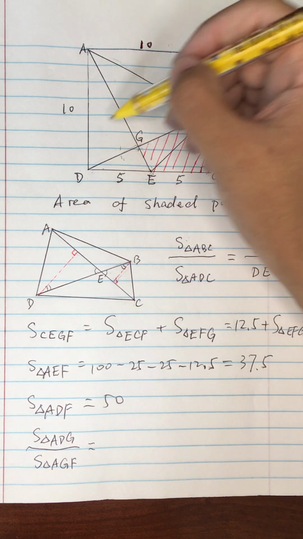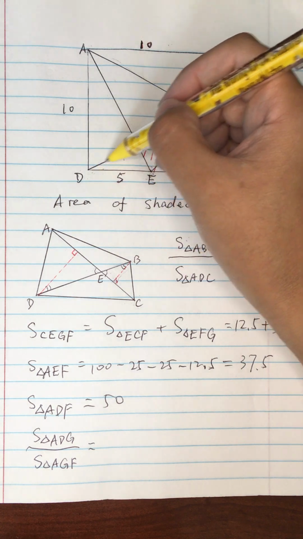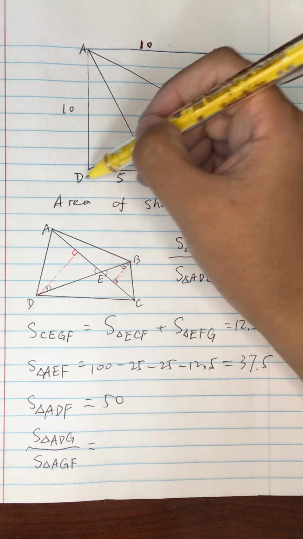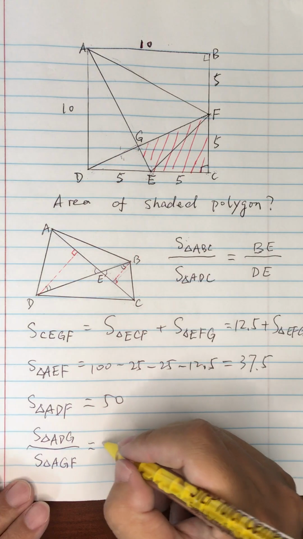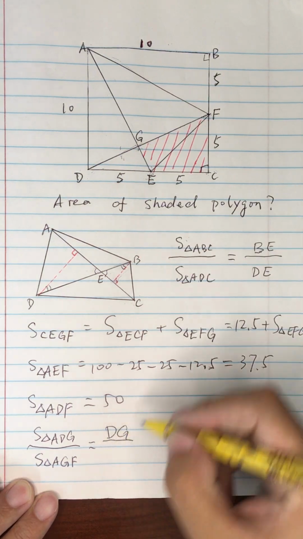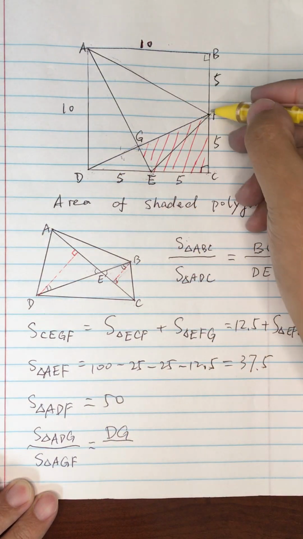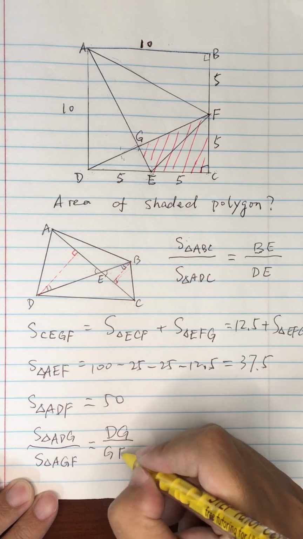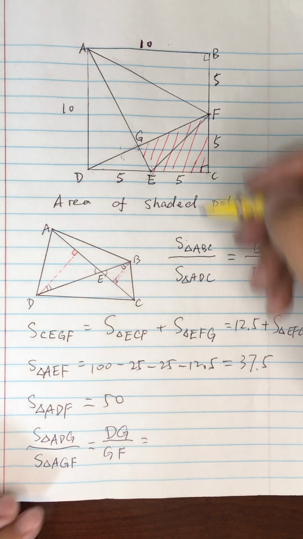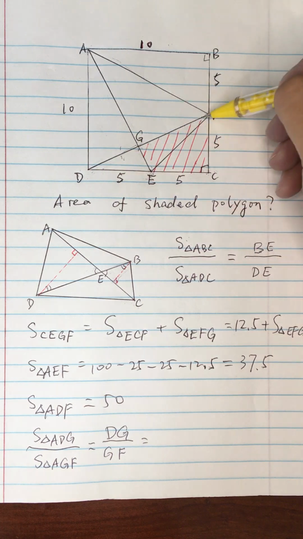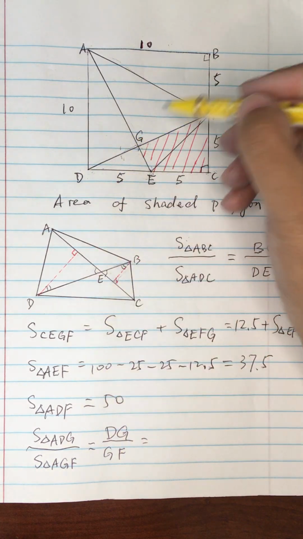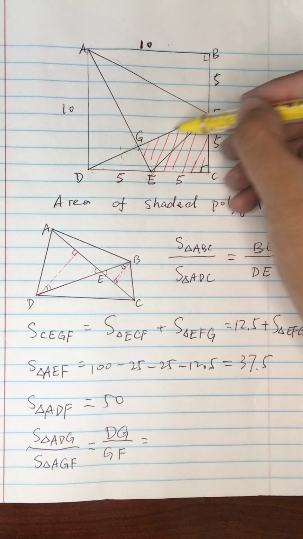So the ratio of the areas is going to be the ratio of the two bases. So DG with respect to GF. So how do we actually evaluate DG over GF?